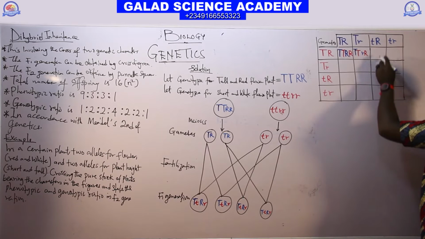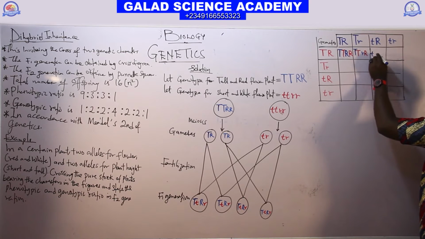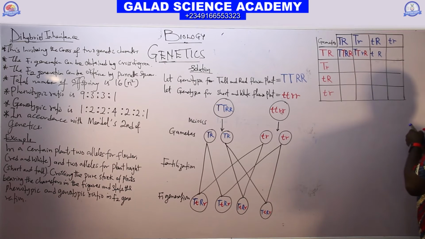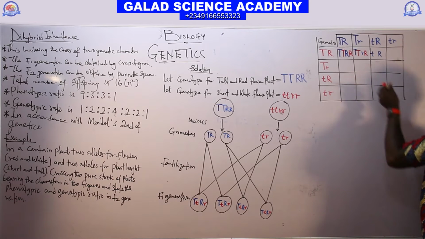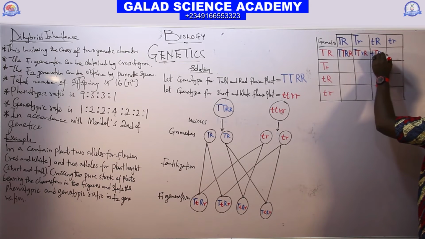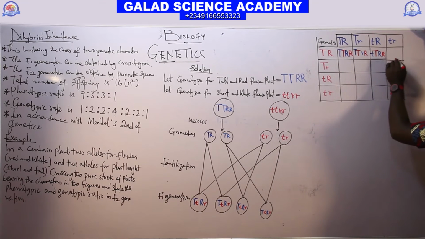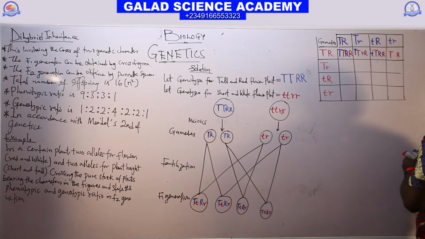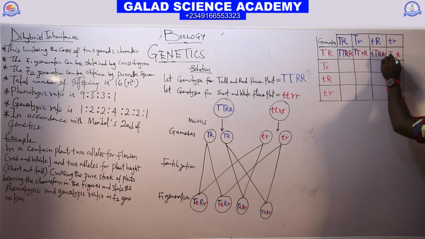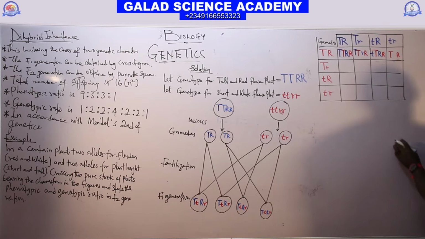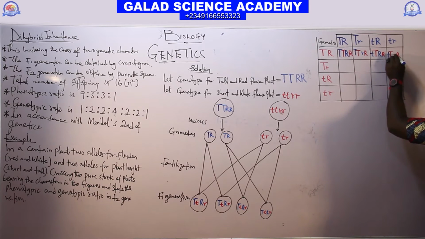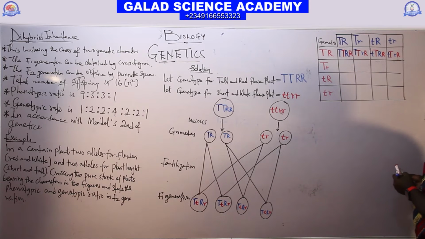Here again, multiply this by this, we have capital T, capital R. Here we have small t and small r.